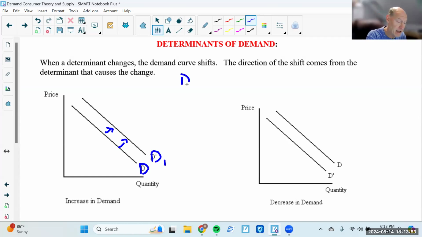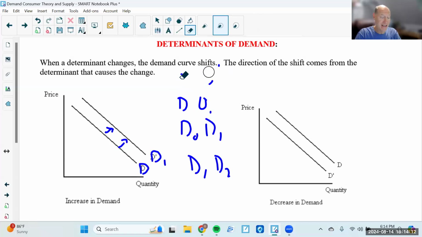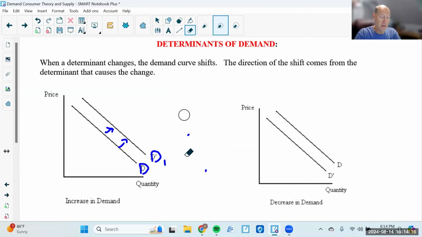But you can do D and D prime, or D and D1. You can actually go D0 and D1, or you can go D1 and D2. Anything you want to do to show that there's been a change. But what you really want to do is shift it and then draw these arrows showing that it's shifted. You can't go D and D. D&D is a fantasy role-playing game, not a shifting of curves. So you got to do that.